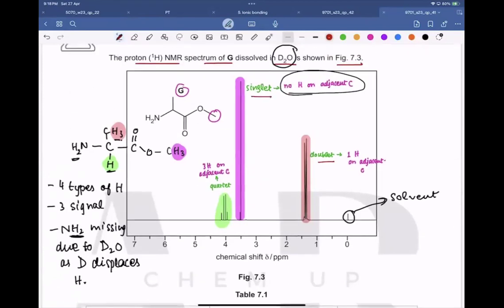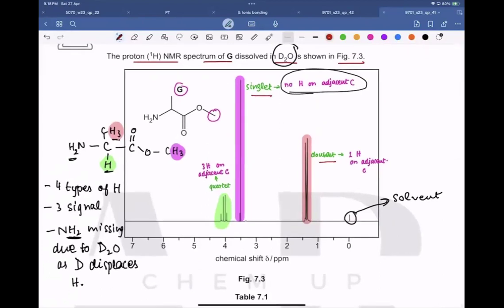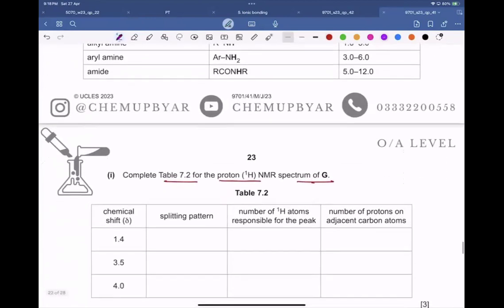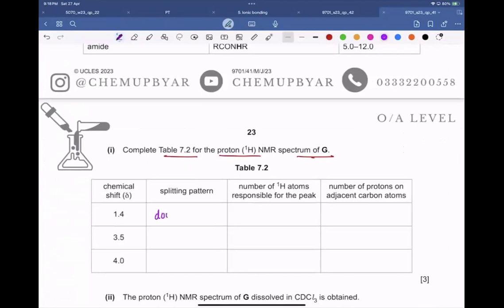Around 3.5, it's a singlet. And at 4, it's a quartet, right? So doublet, singlet, and quartet. Is this clear?